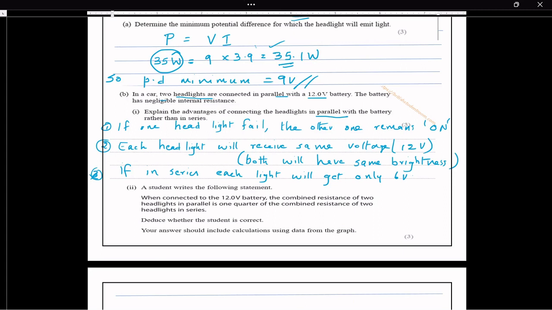Therefore, brightness will be less if they are connected in series. But since we are connecting them in parallel, both will have the same brightness, or more brightness.